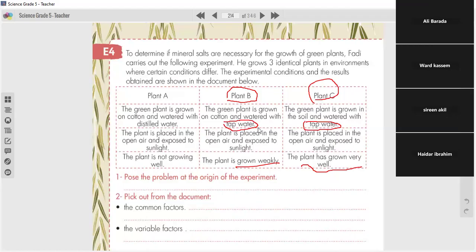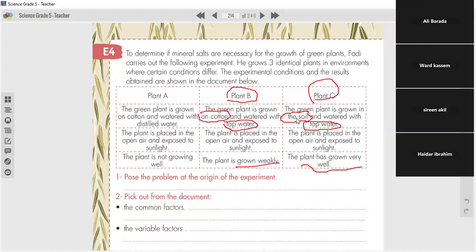Even though you put tap water for both, there is something different here that lets plant C grow well. Yes, Haidar, the green plant grows in the soil. Exactly, so this is the reason behind it. Here you put plant C in the soil, while here you put it on the cotton. So the reason is the soil.